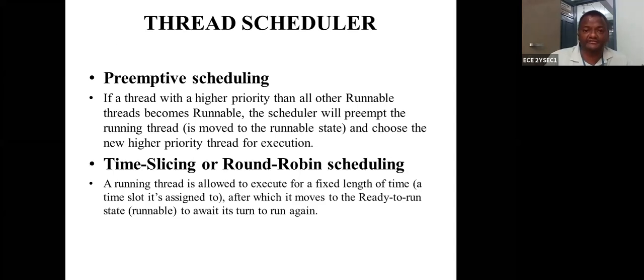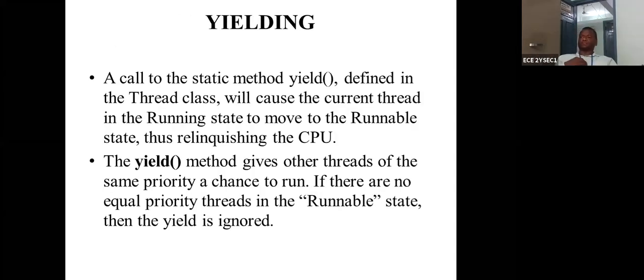So that's why I'm saying: the thread scheduler, preemptive scheduling, time slicing. This is my yielding. There is another property. Yielding means you should allocate equal priority to the threads.